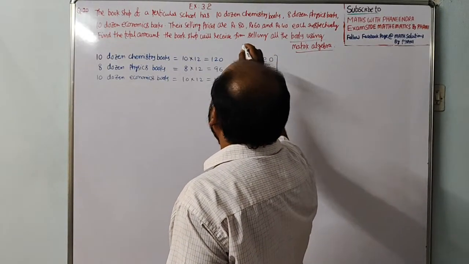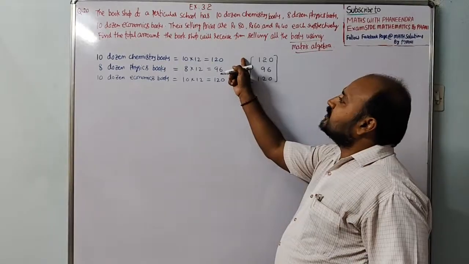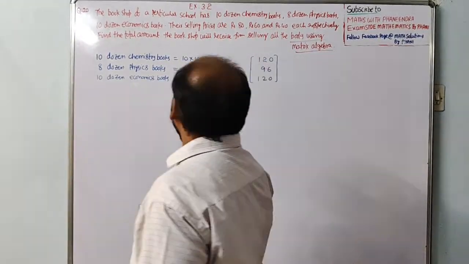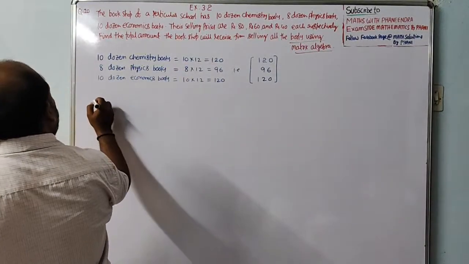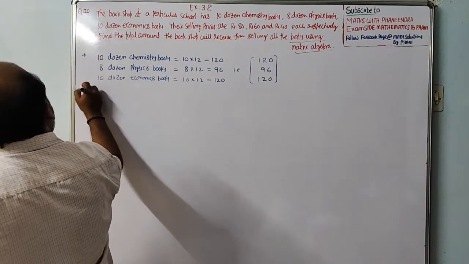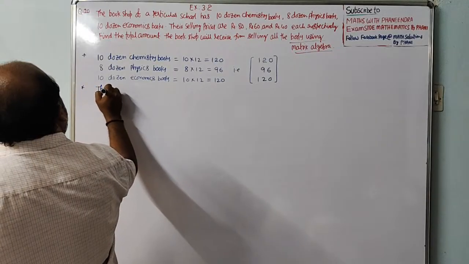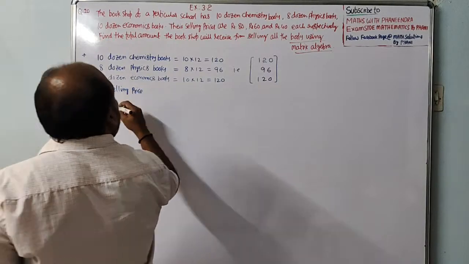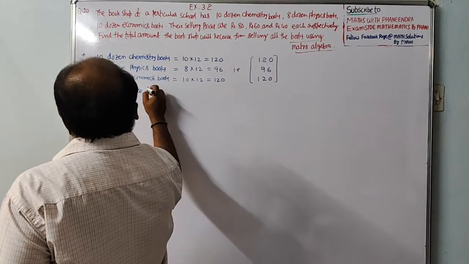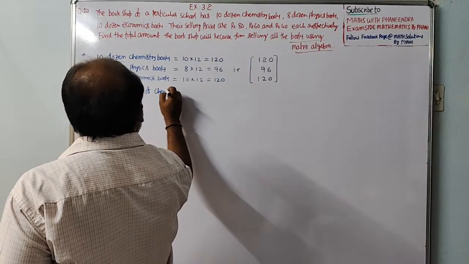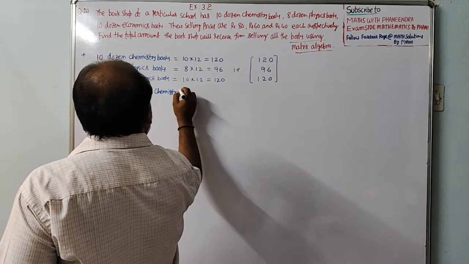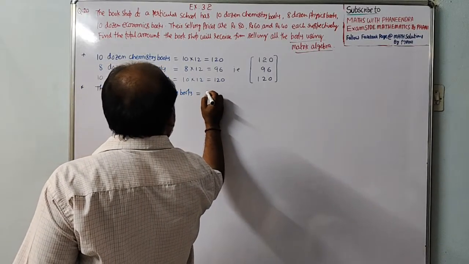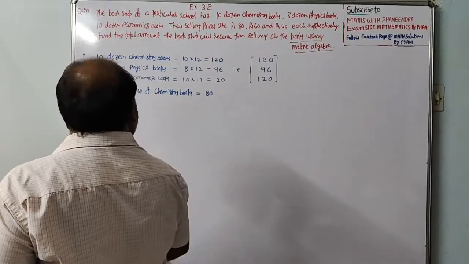See, these are the number of books: chemistry, physics, and economics. Next, the amount, the selling prices. The selling price of chemistry books, how much is it? 80 rupees per dozen.